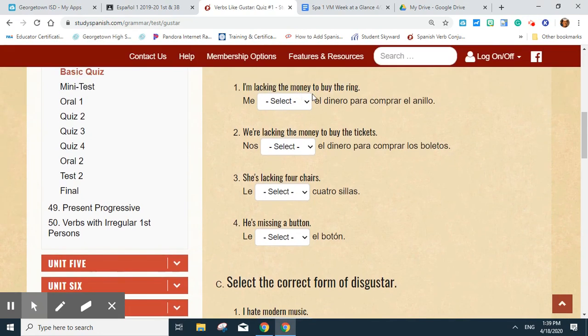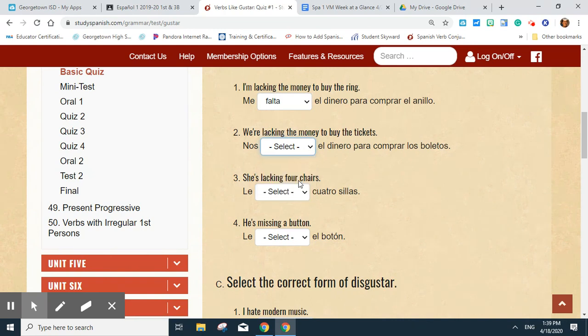Same thing over here. I'm lacking the money to buy the ring. Me. In this case, the verb is faltar. The money. Is it plural or is it singular? The money. Me falta. We're lacking the money to buy the tickets. Nos. Falta o faltamos? Is this going to change?